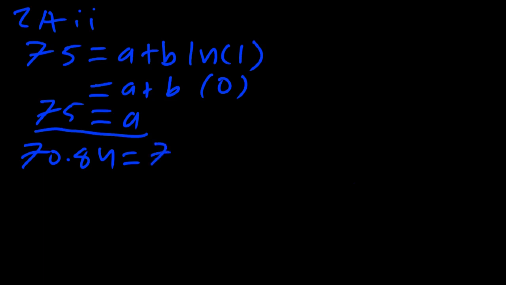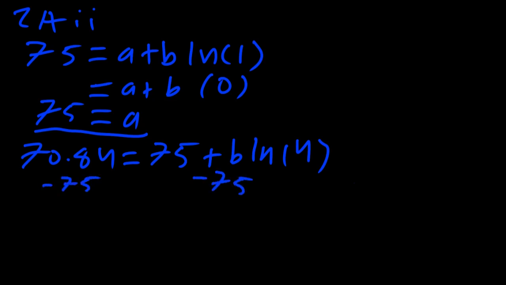We can substitute it in for 75 plus b times the natural log of 4. So simple algebra, we can subtract 75 from both sides, and we would get negative 4.16.